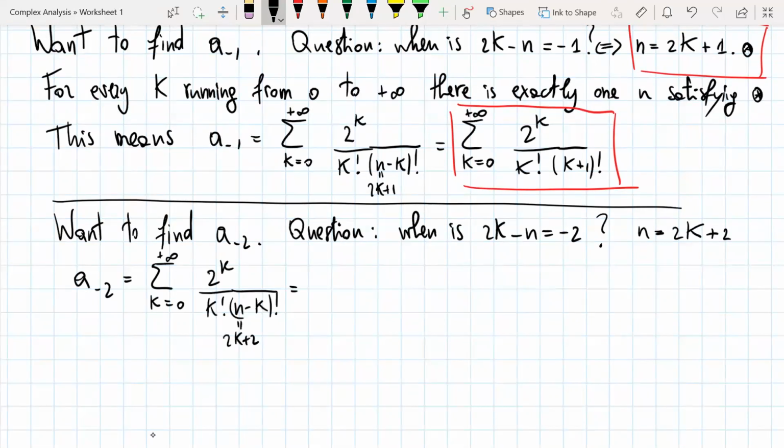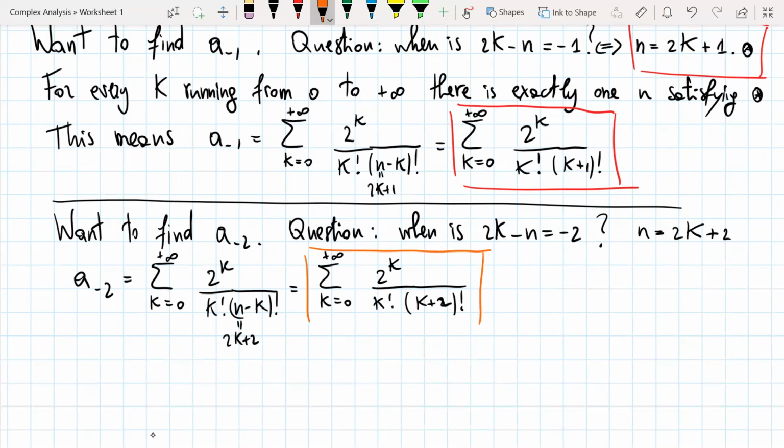So in the end, we find a slightly different formula: 2 to the k divided by k factorial, and here we have 2k plus 2 minus k, which is equal to k plus 2 factorial. And this is the formula for a minus 2.